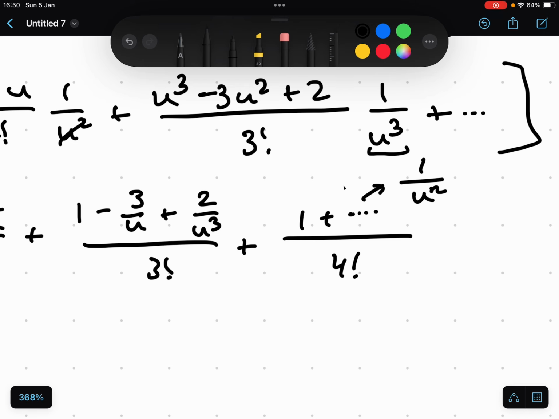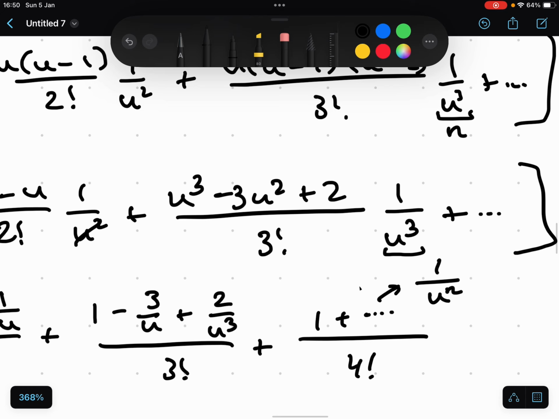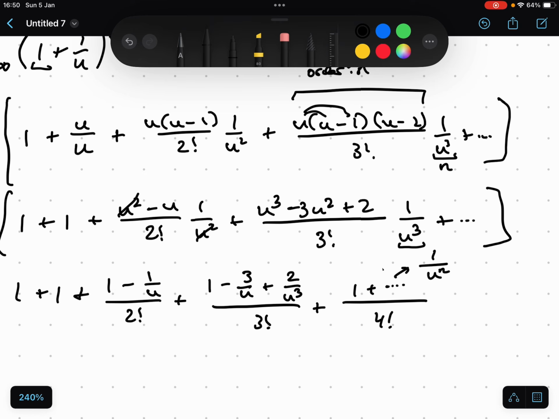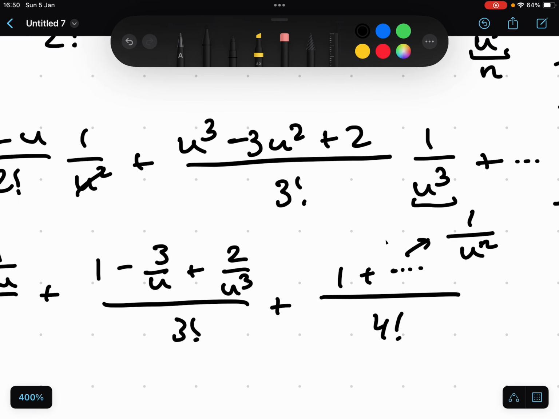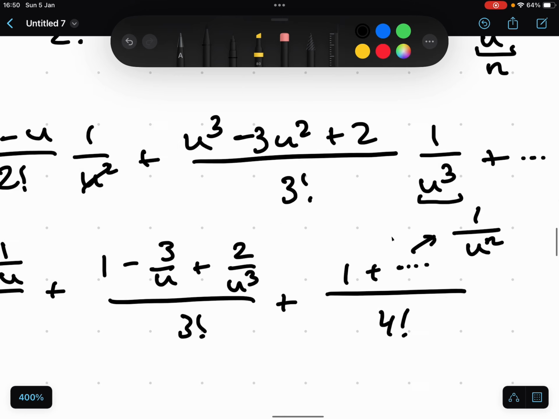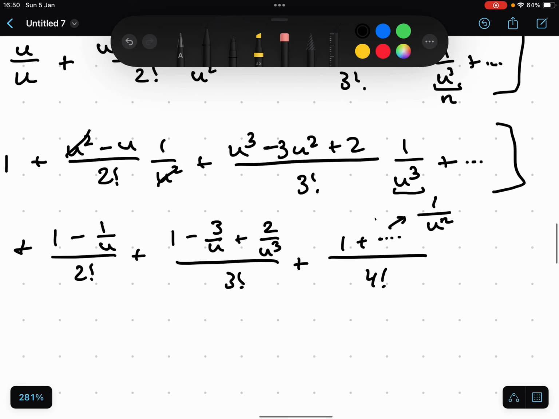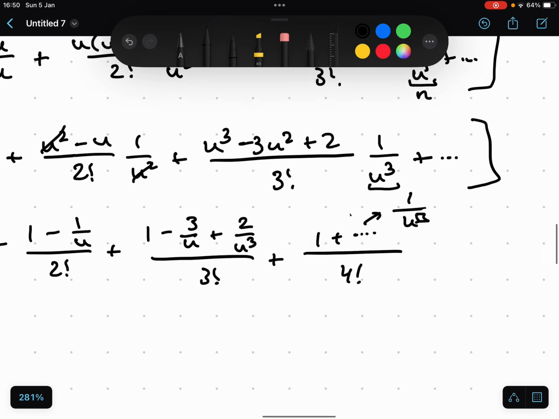Everything else is going to be a smaller order. This is all going to be 3u squared. And then, for example, here you're going to have maybe 3u cubed, so on and so forth. It's going to be a lower order than that, so it must be smaller. You can see right here, it's all a lower order. So I can be confident that's all just going to be 1 over u to the something. I'll put a little box like that, and so on and so forth.